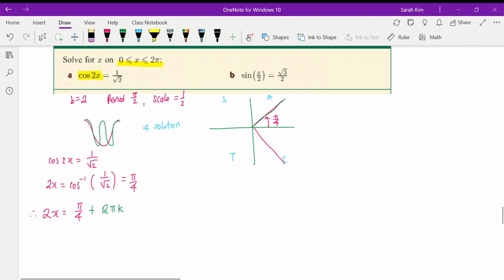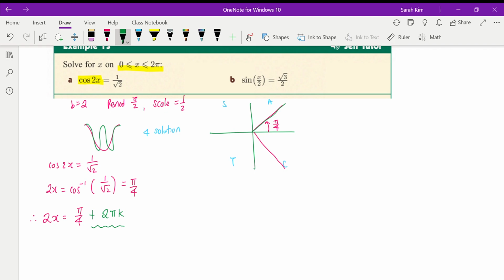Whenever you do these questions, keep adding plus 2 pi k. If you're never sure which one to add it to and which one not, you can always try it. If I do pi over 4 plus 2 pi on my calculator to see if that works, well, that goes over my range.